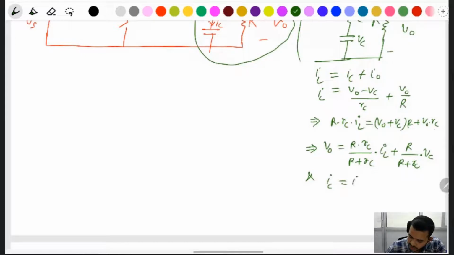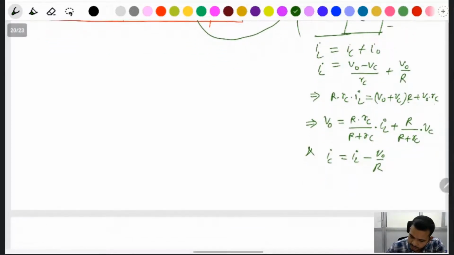Same thing you apply for the capacitor current IC. IL minus I naught is equal to V naught by R. Take IL here, put the value, then find IC: R into IL, put the value of V naught here, and find R into R plus RC minus VC divided by R plus RC.